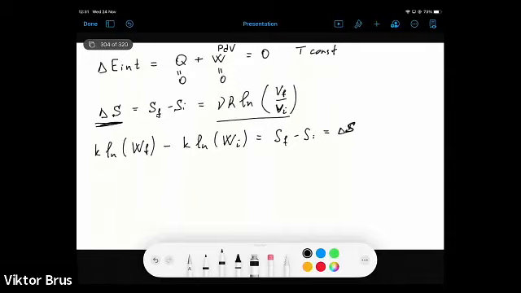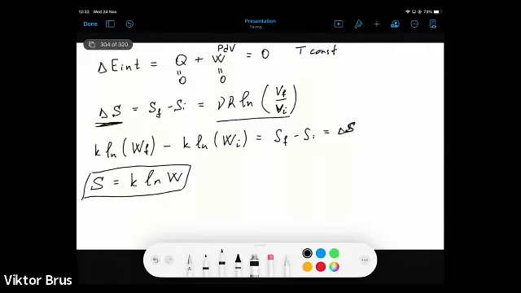So according to this statement, we can write that entropy is defined as K, the Boltzmann constant, times the natural logarithm of the statistical weight, or number of microstate parameters which are necessary to describe the macrostate, W. So that is the relationship between entropy and micro parameters of the system.